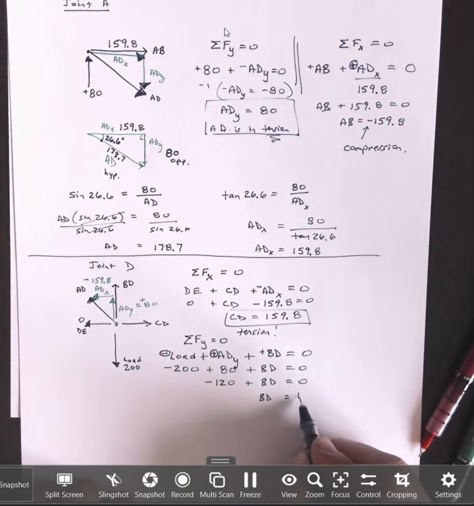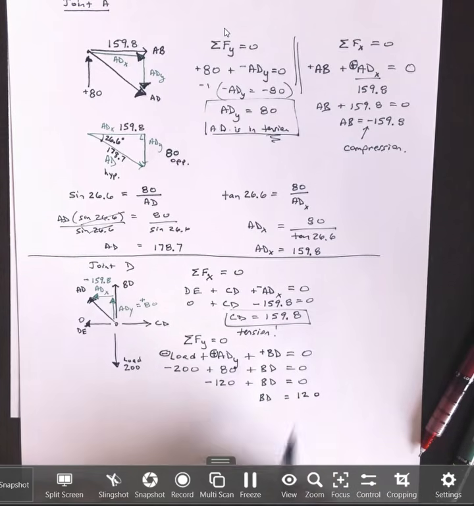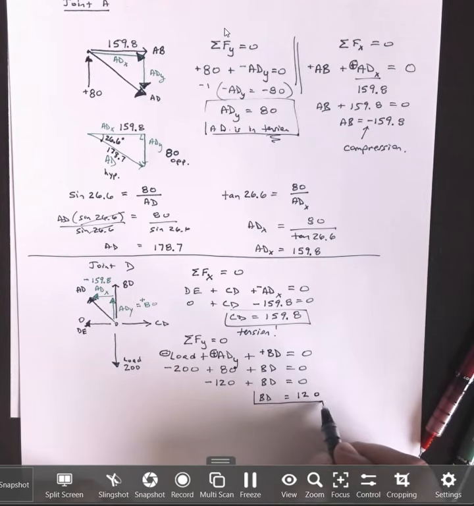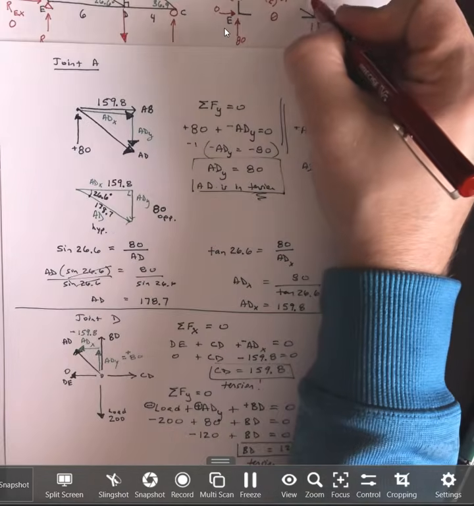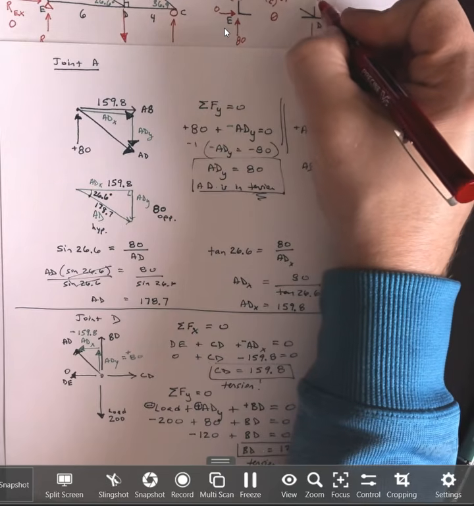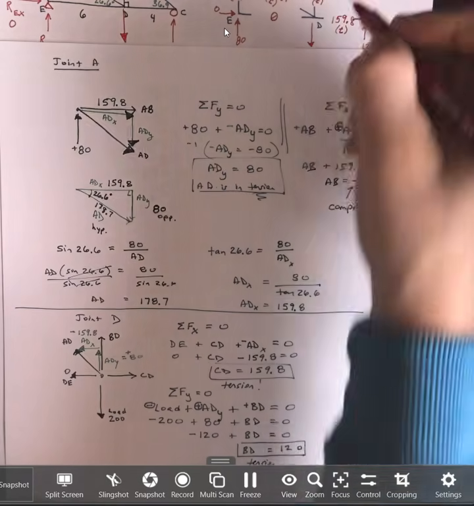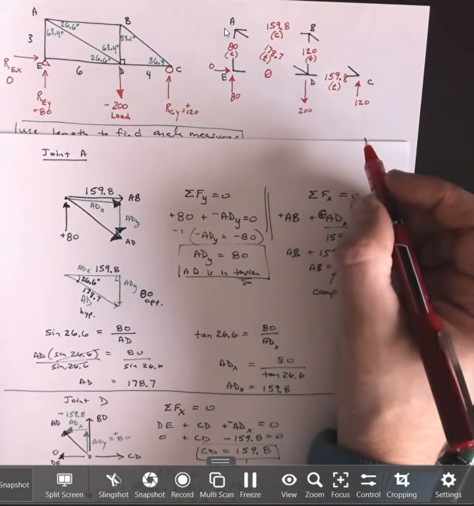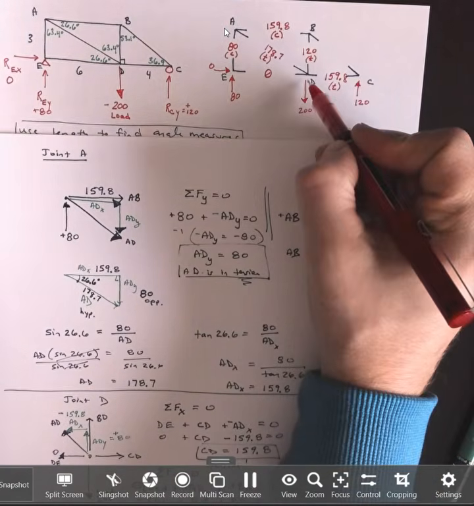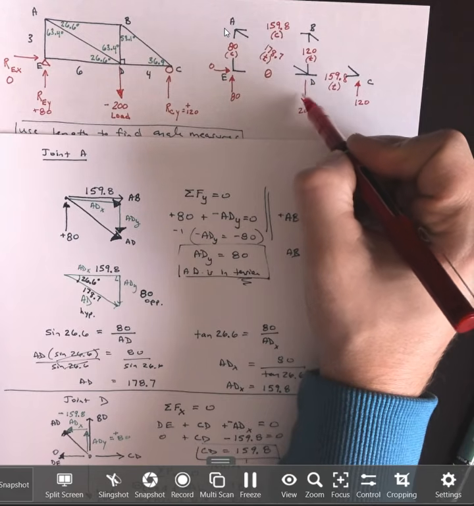We're going to add 120 to both sides, and we get a positive 120, which means our assumption that BD was in tension was correct. Tension's a pulling force, right? So you get the 200 pulling down.